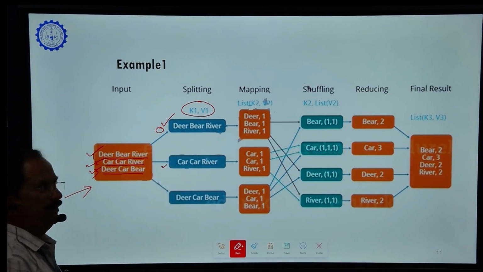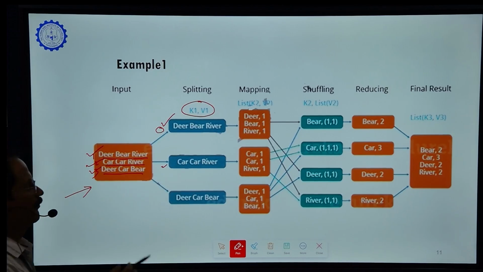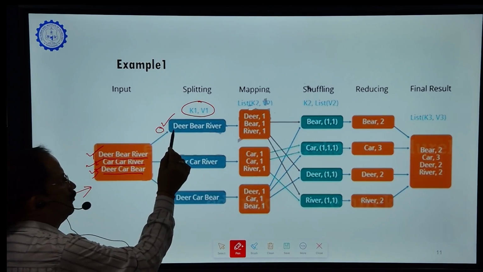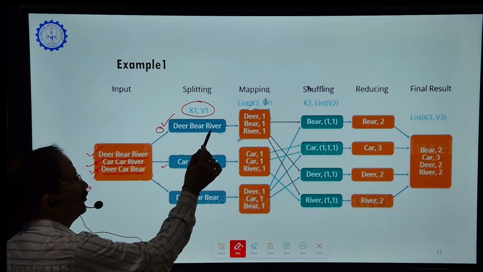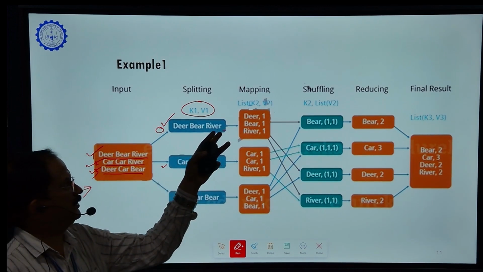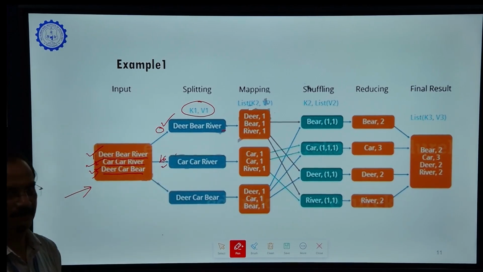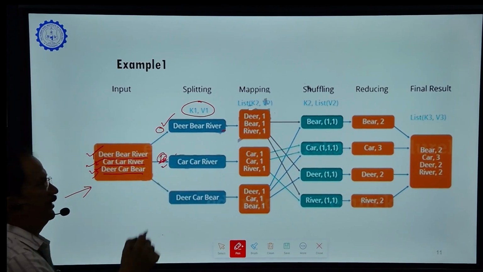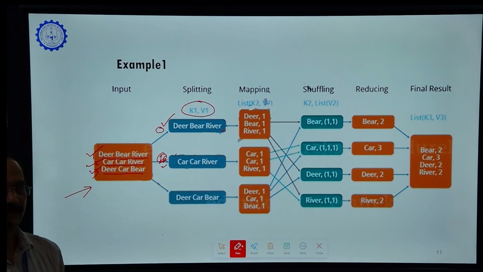And how will the next key value be generated for the next statement? 0, 1, 2, 3, 4, 5, 6, 7, 8, 9, 10, 11, 12, 13, 14, 15. There are 15 characters, so the 16th position will be the key value for the next statement, converted into hexadecimal, and the rest is again the value.